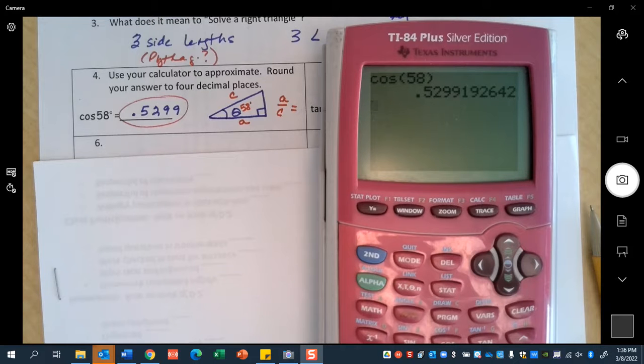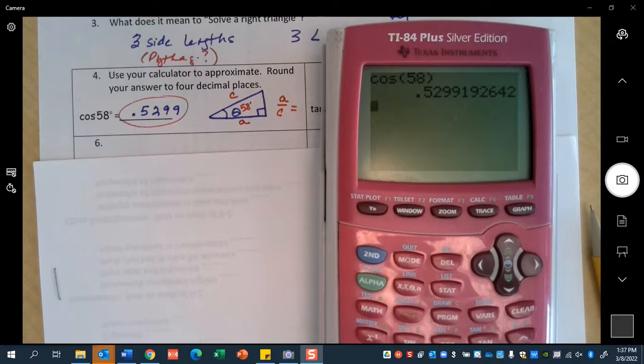If I were to compare my adjacent side value and my hypotenuse side value, and I wrote it in a fraction and I divided, I would get the scale factor, and it would be 0.5299. That is the scale factor, that is my cosine, that is my unit ratio for that 58-degree right triangle.